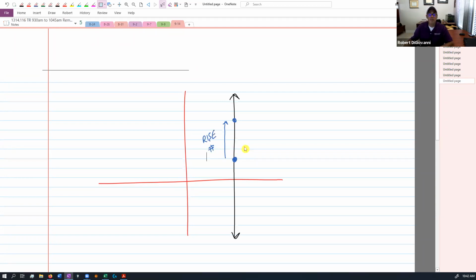But what's your run going to be? What's your left and right going to be? Nothing, right? 0. So when you put rise over the run, because that's what the slope is, you're going to have a number divided by 0, and that's undefined.